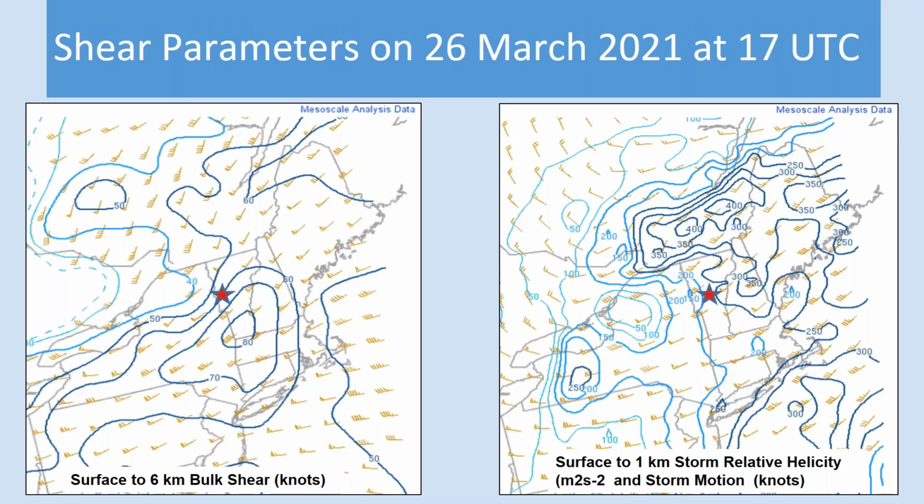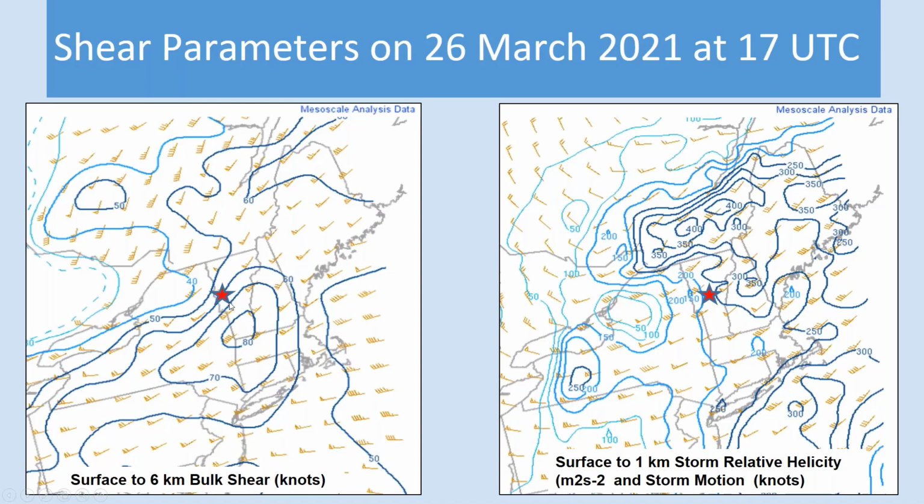The shear parameters, this is from the SPC mesoanalysis page at 17Z on March 26th. You can see in the lower left, we had surface to 6 kilometer bulk shear of anywhere from 50 to 80 knots. The deeper values, or the stronger values of shear, were closely tied to that jet maximum at 850 to 500 millibars.